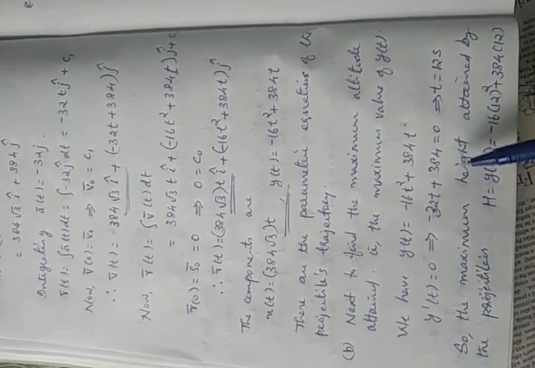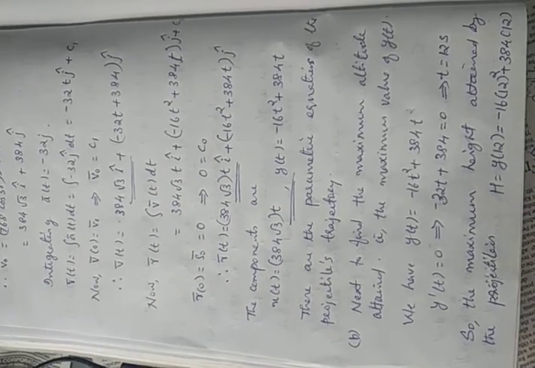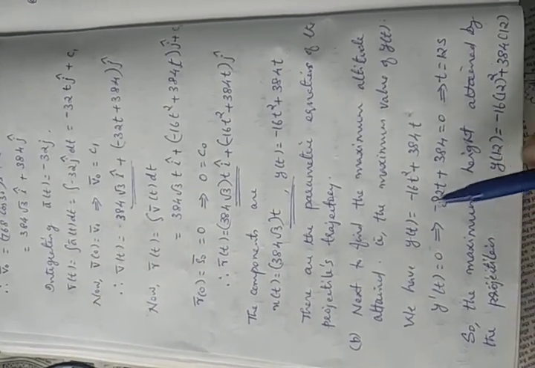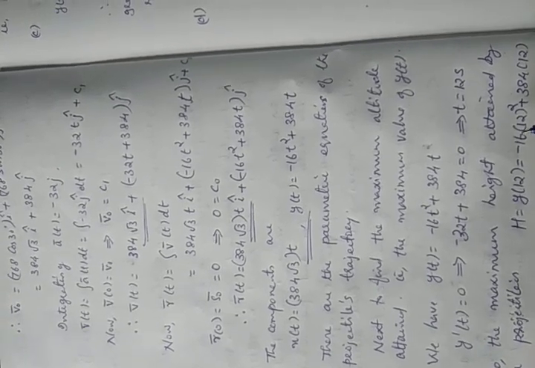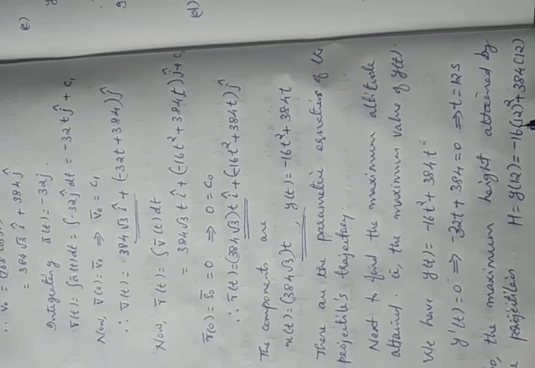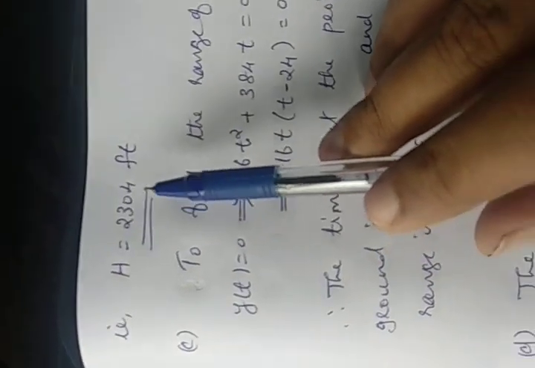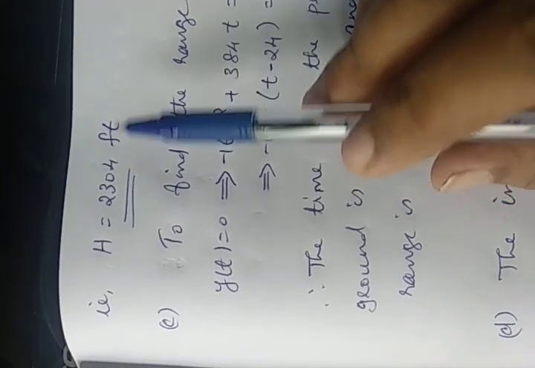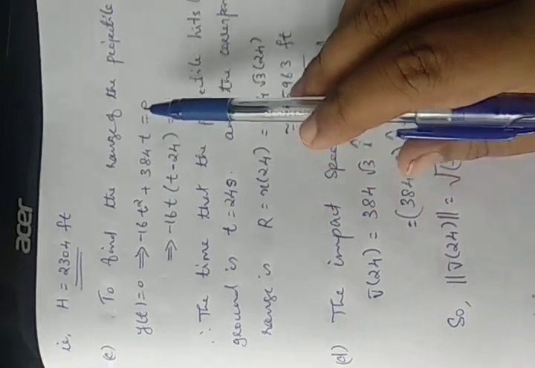The maximum height attained by the projectile is y of 12. We denote the maximum height by h. h is equal to y of 12, so we put t equal to 12: minus 16 into 12 squared plus 384 into 12. So we get h is equal to 2304 feet.